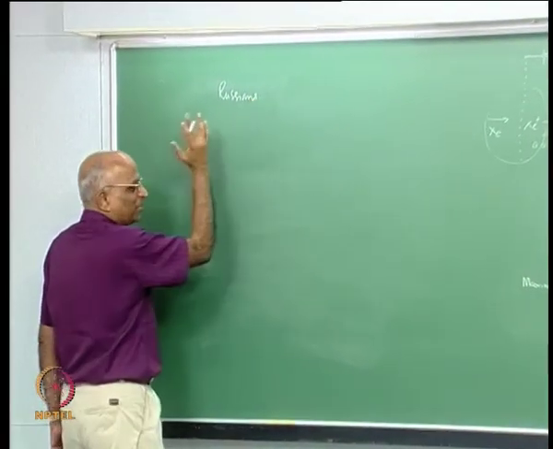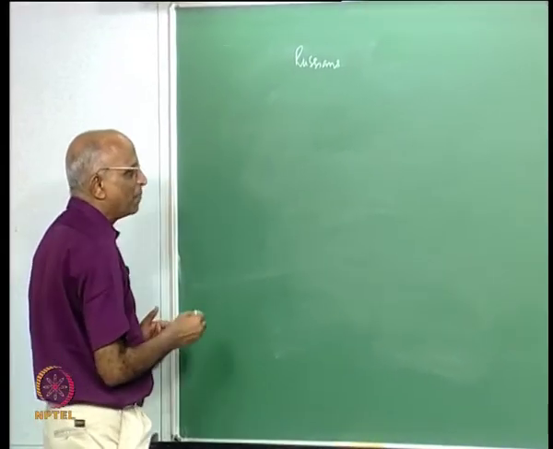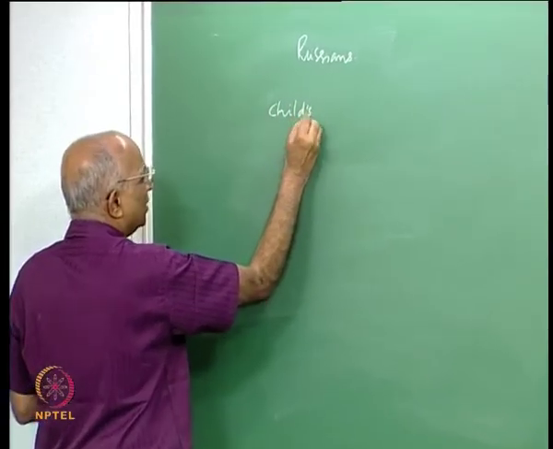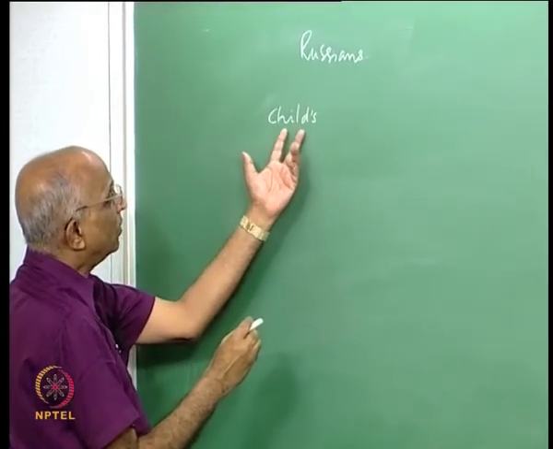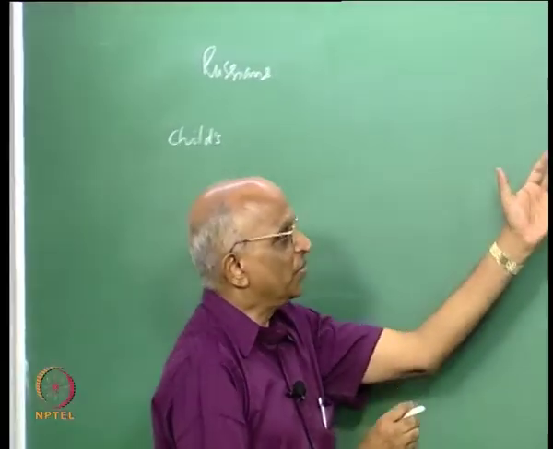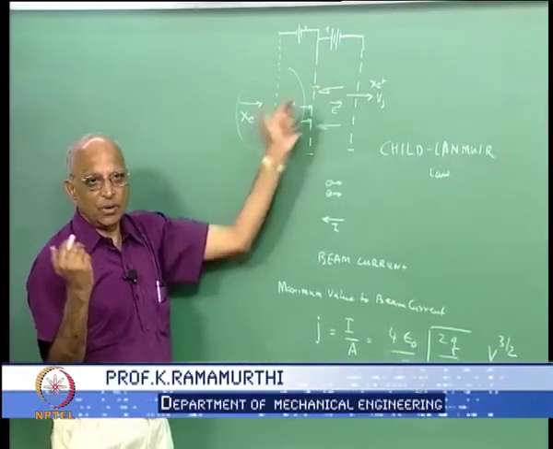I think we must try to appreciate some points. All we are saying is we have the Child's law, which I just wrote, saying that there is a limitation on the amount of charges which can be emitted and the thrust which can be generated by the ion rocket.